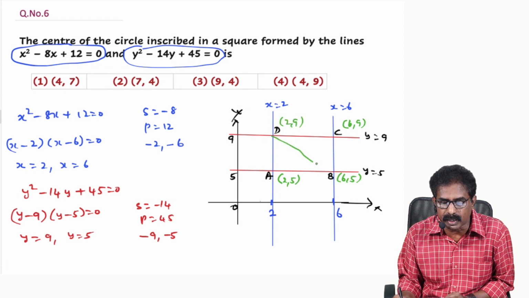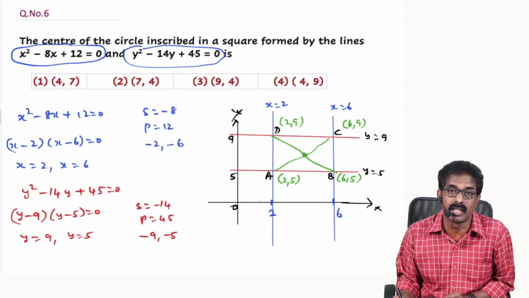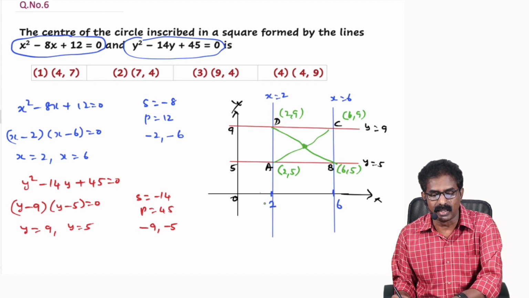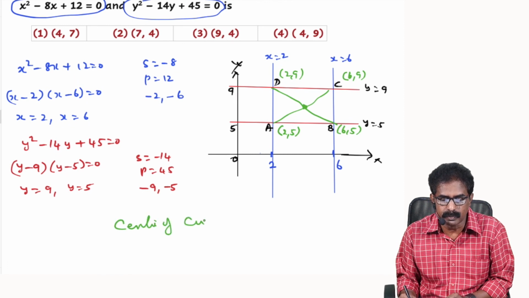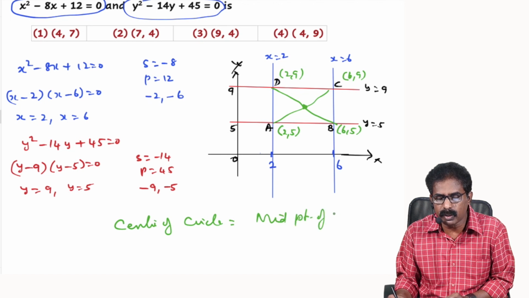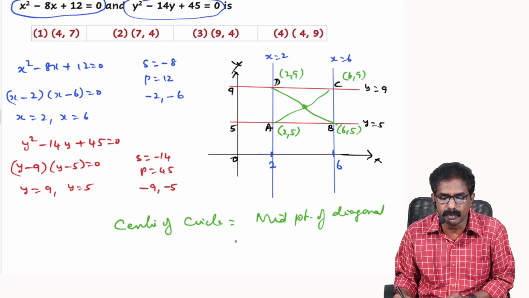Any midpoint you take, either BD's midpoint or AC's midpoint, gives the center of the circle. So center of circle equals midpoint of any one of the diagonals. Both will be the same. I'm taking diagonal AC.